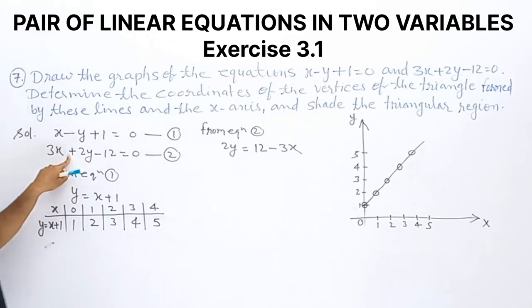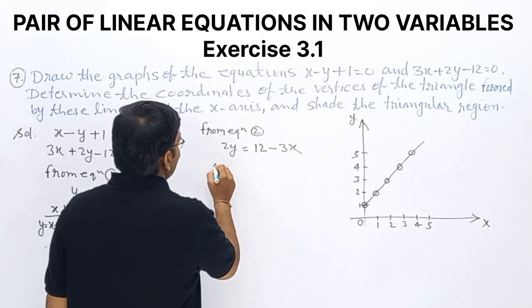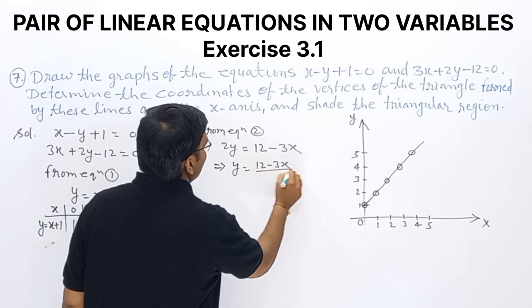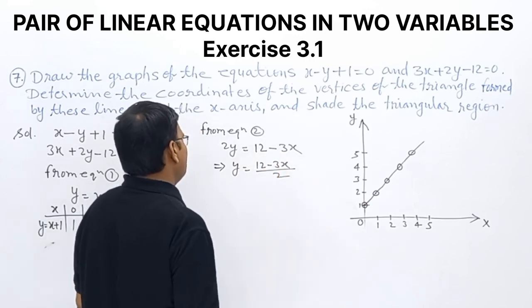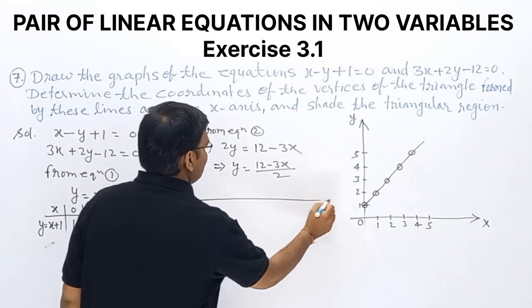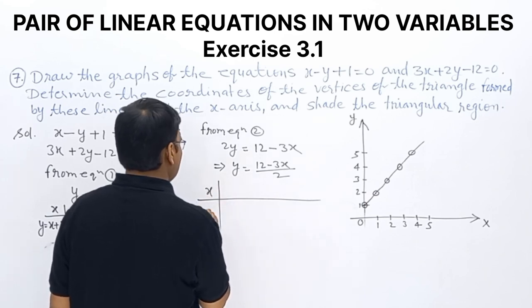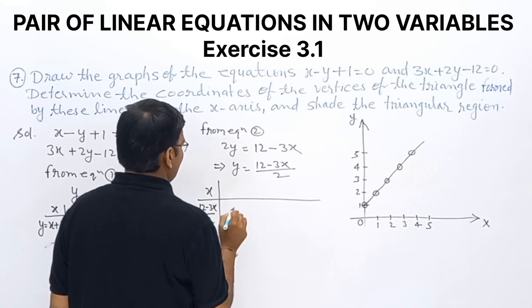We are transposing: minus 12 will be plus, and this will be 12 minus 3x. So y will be 12 minus 3x divided by 2. Now draw the table with different values of x.